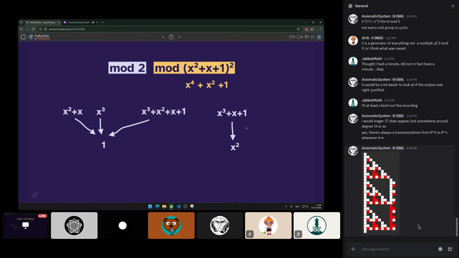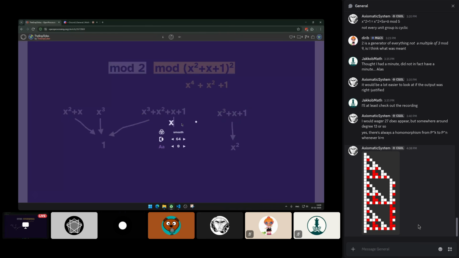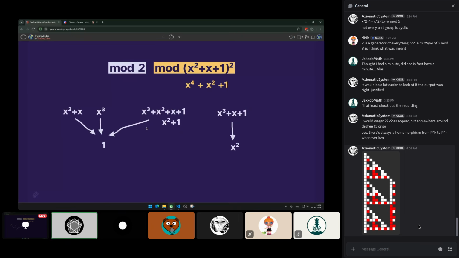So also x squared plus 1. If we add the prime itself, the x squared and the 1 cancel, and we just get the x, and then that squares to x squared. And we can check if this squares, we get power of 4 and 0. That will cancel to give us x squared. So we can kind of do this in either order.